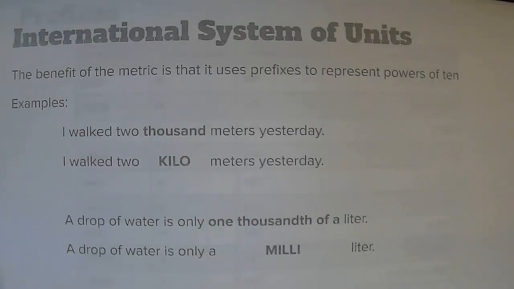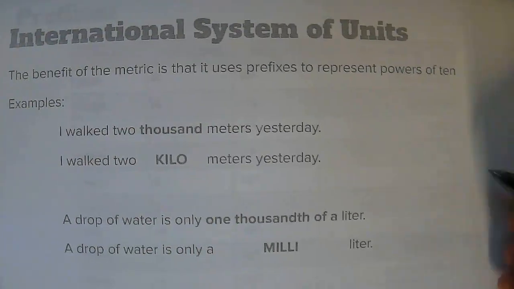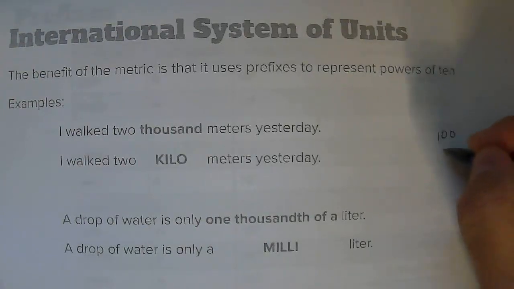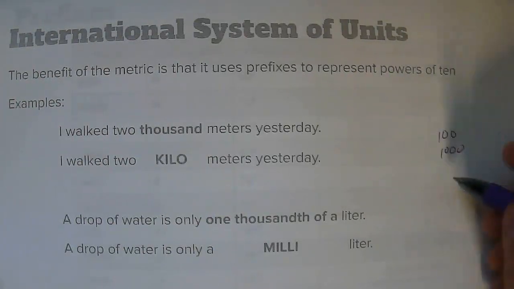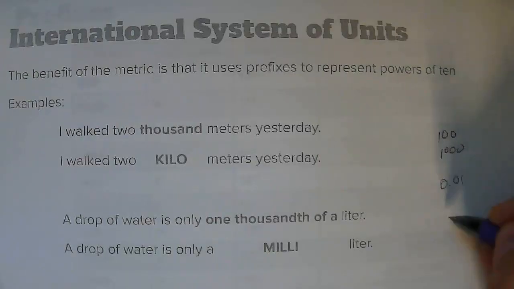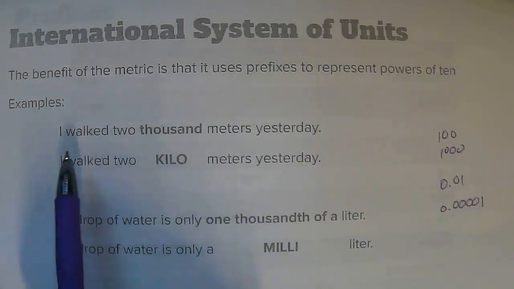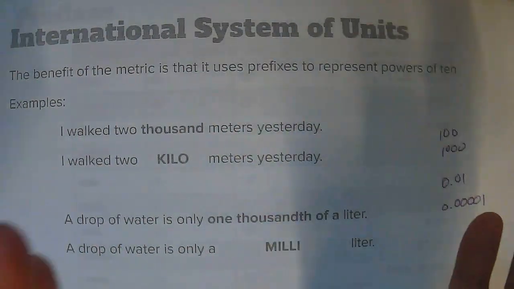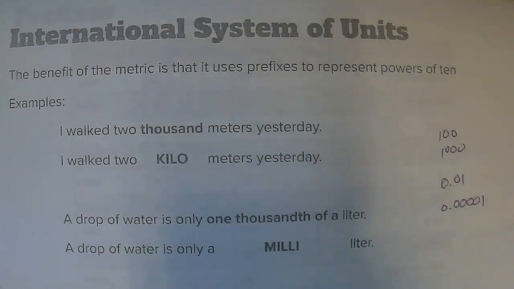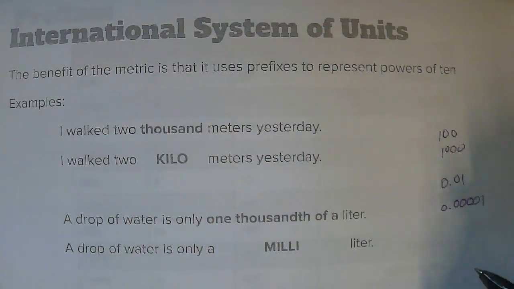The beauty of this is that the prefixes mean a power of 10, like 100 or 1,000, or even smaller powers of 10 like 0.01 or 0.00001. That allows us to abbreviate, or make shorter, the numbers and the units we're talking about.